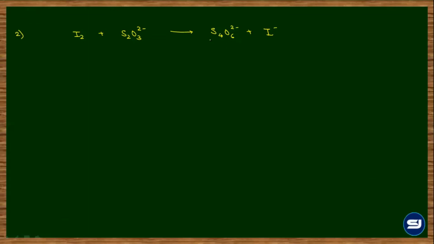अच्छा, वो strike हुआ looking at S4O6 2 minus? Strike हुआ? होना चाहिए. The tetrathionate. Very good. And क्यों बताया था ये मैंने? So it has an average. Very good.